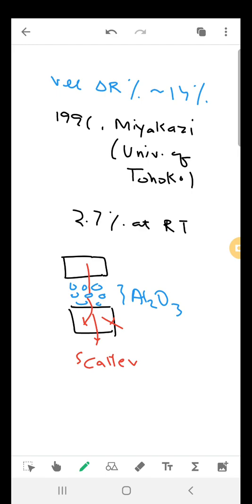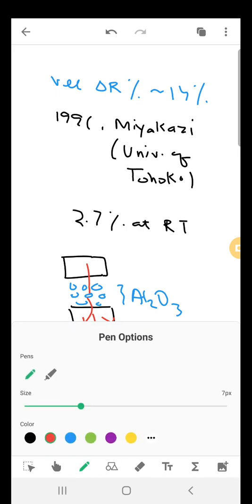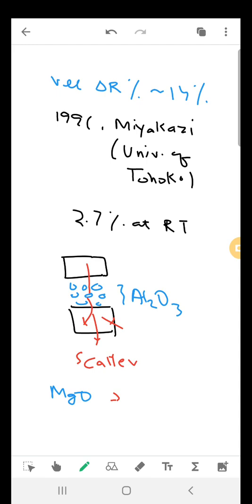Whereas if we use magnesium oxide, then there would have been no scattering, and instead it would have been a coherent transfer.